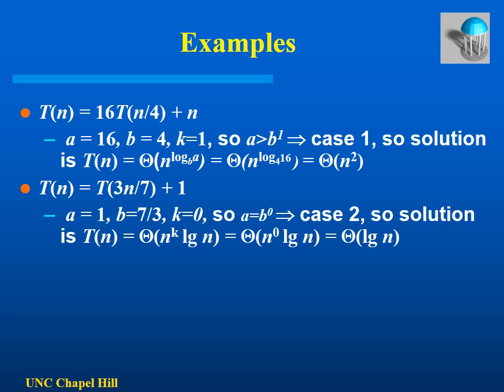We long since knew that, like for merge sort, T(n) is 2 T(n/2) + n.